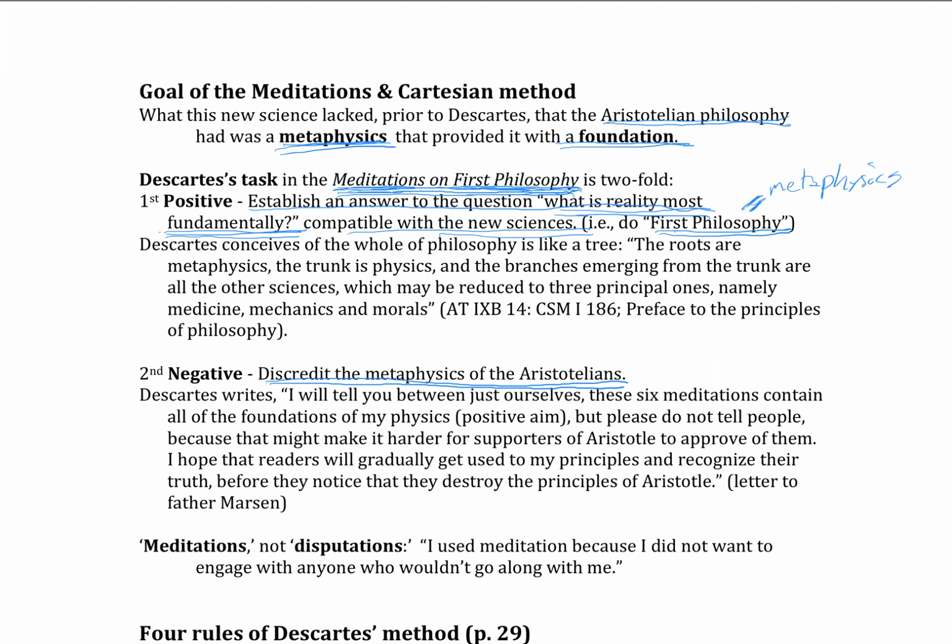So what is reality most fundamentally? The science of reality in its most basic form, that's metaphysics. And it's going to study topics like God, the soul, the nature of matter, or reality, the nature of bodies. So bodies is a synonym for matter, which just means physical stuff, right?